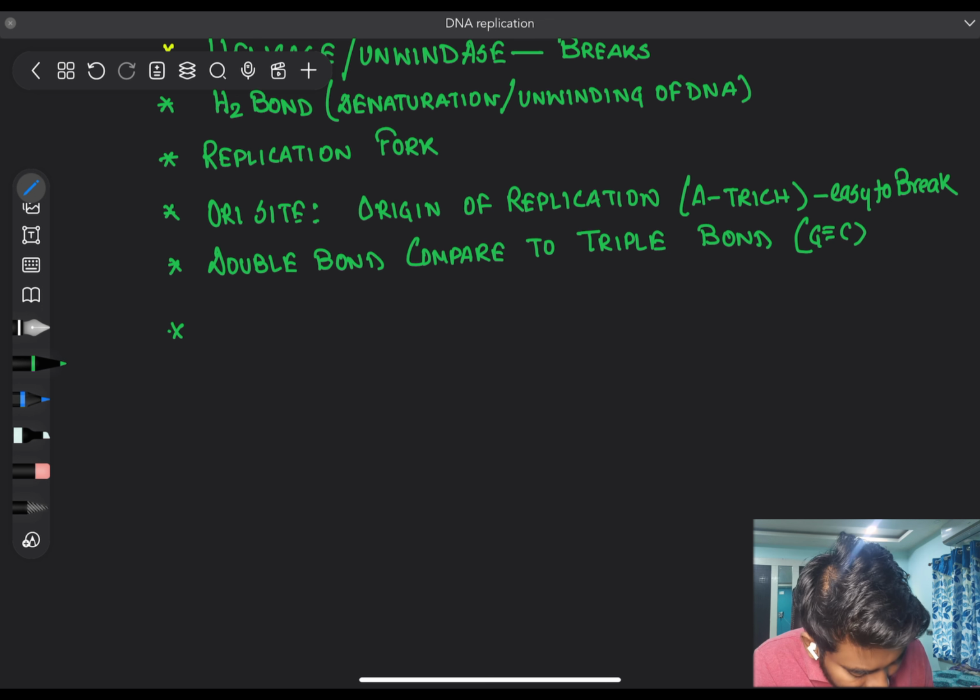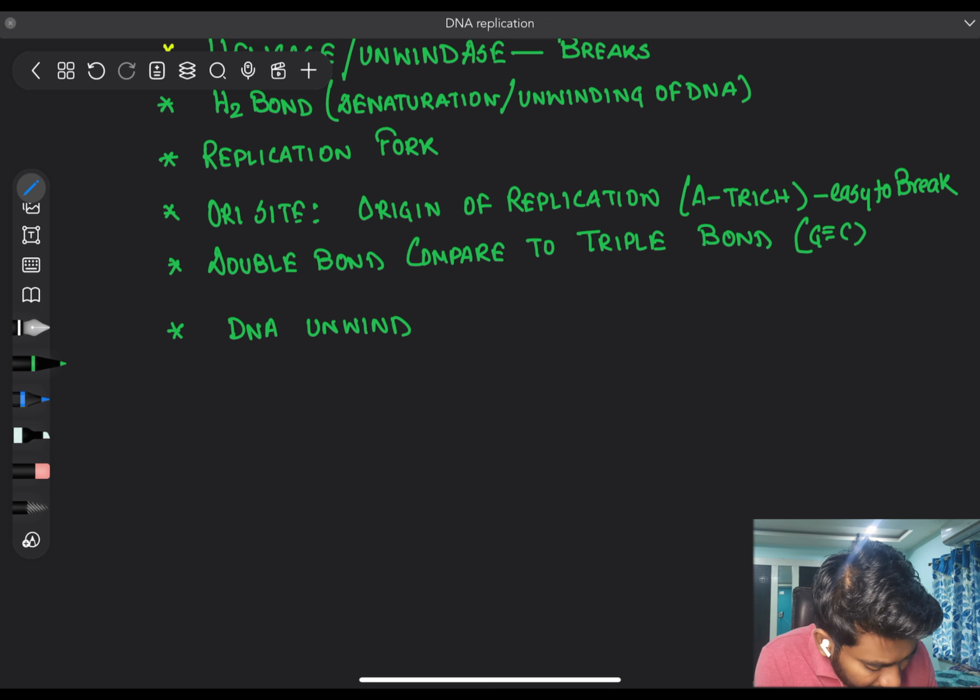Next one is DNA unwinding occurs at regular intervals of time.